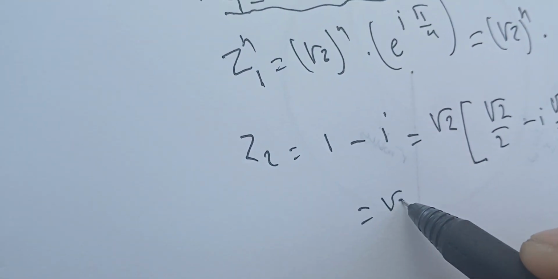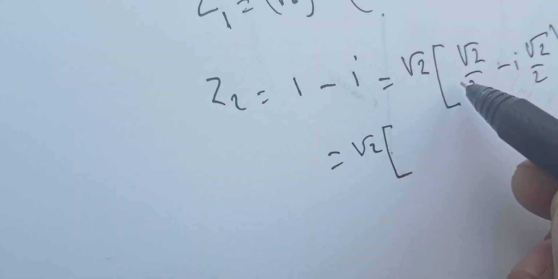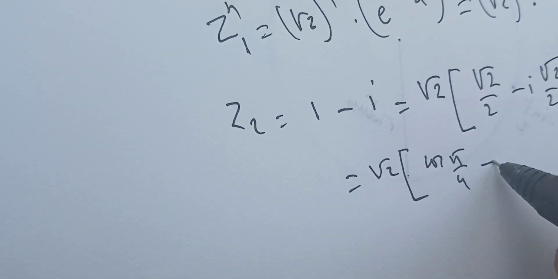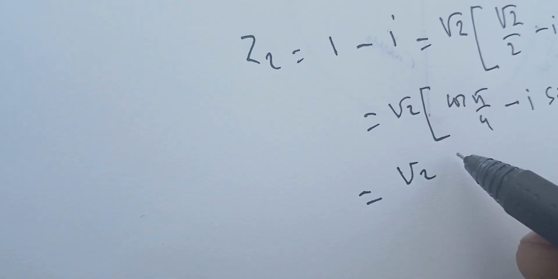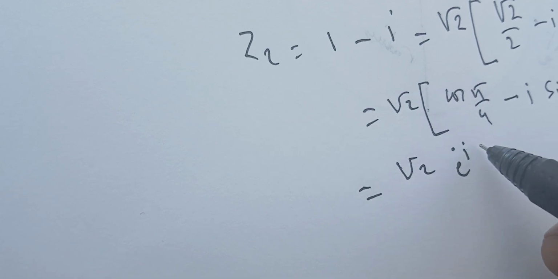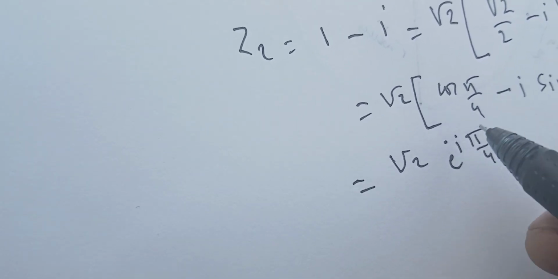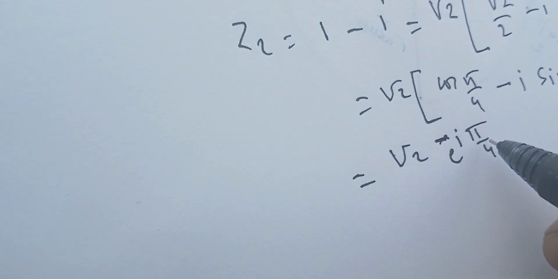After that, we notice that this is cosine pi over 4 minus i sine pi over 4, so square root of 2 times e to the i pi over 4, but in this case we have a minus.